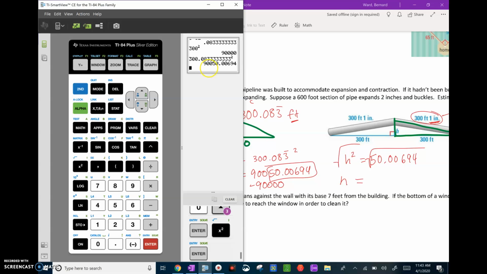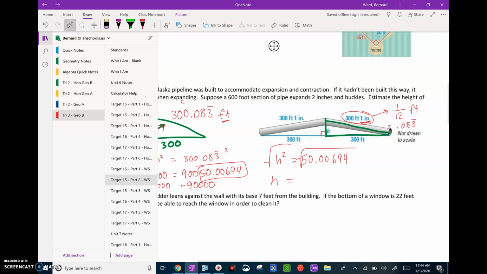I just subtracted 90,000 from this number, so I'll do that again, leaving us with 50 point something. Then I hit second for the square root symbol, hit up to highlight that number, and hit enter. Taking the square root of that number, I get 7.07. So the height of that buckle is 7.07, and because we kept our units consistently in feet, it is 7.07 feet.